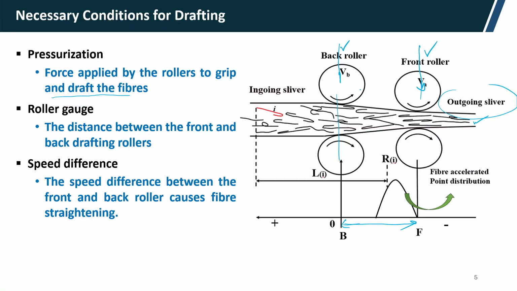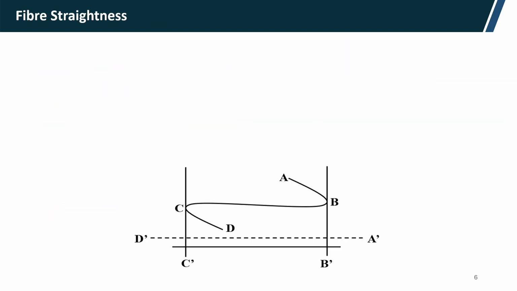You can see here, this is the fiber accelerating point. At this point fiber gets accelerated, and then it attains the speed of the front roller.